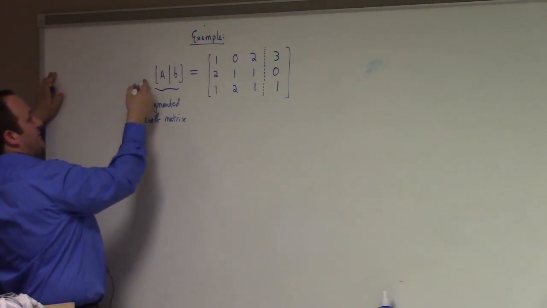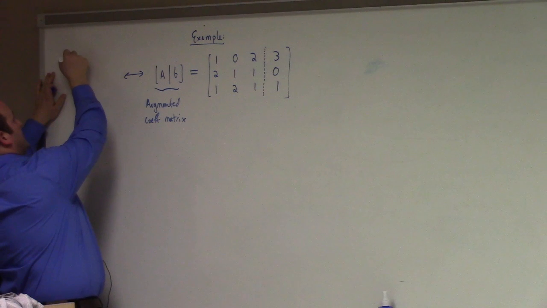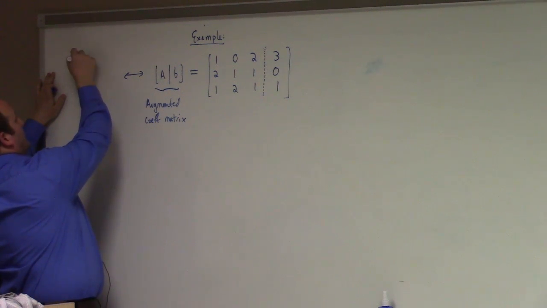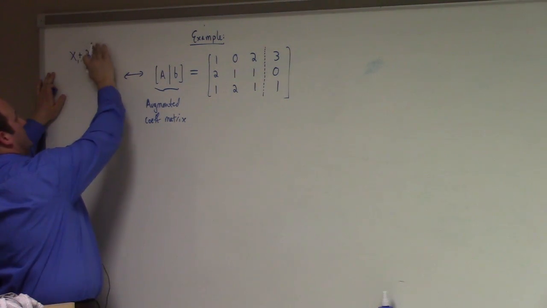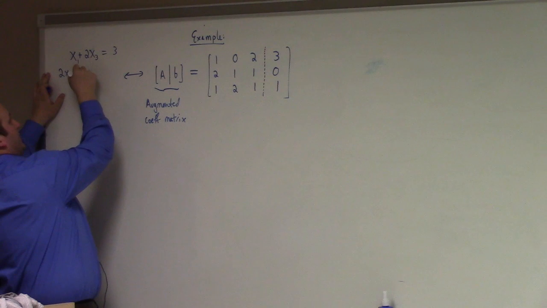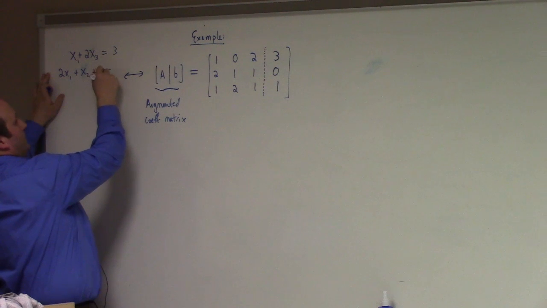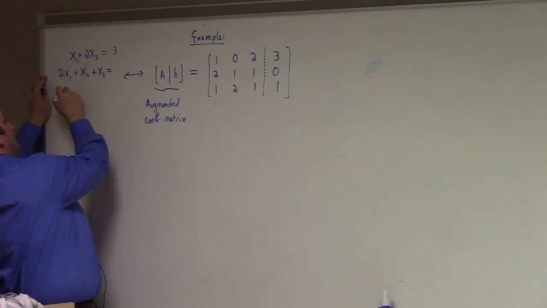So the system that this corresponds to, this is a shorthand for the system: x1 plus 2x3 equals 3. 2x1 plus x2 plus x3 equals something. You guys tell me what it is.